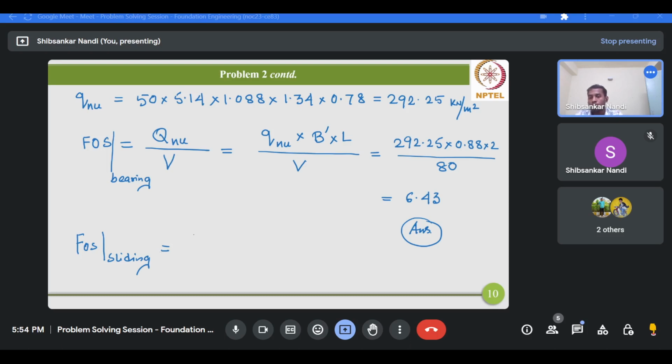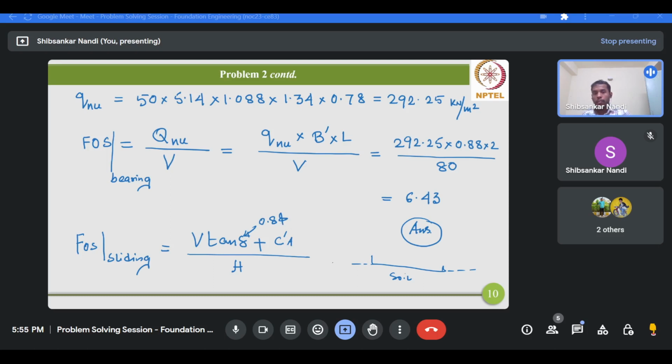So it will be V tan delta plus C prime A divided by H. Now, what is delta? Delta is the angle of internal friction between the base of the foundation and the soil. So this is the soil and this is the base. It's generally taken as 0.8 times phi.